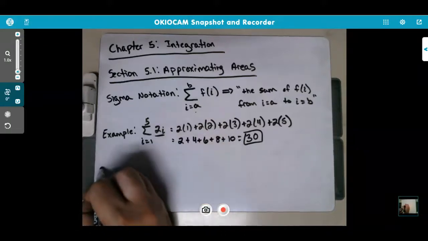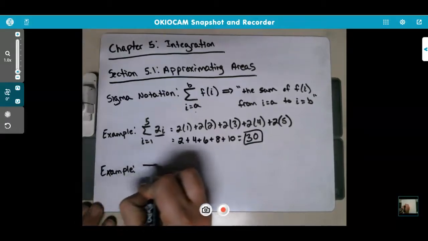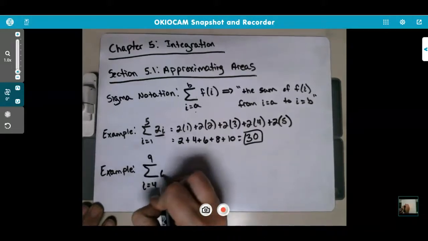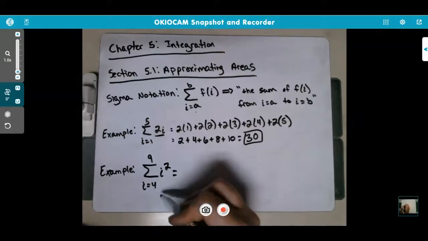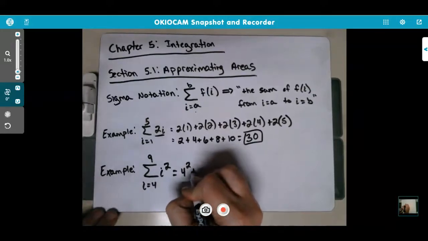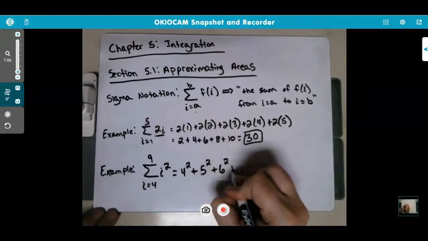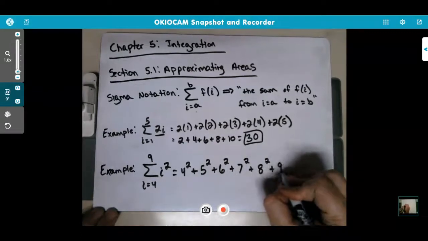As another example, let's do the sum from I equals 4 to 9 of I squared. So the same thing here. I'm going to start with a 4. So I would do 4 squared plus, then do 5, then 6, then 7, then 8, and then 9.